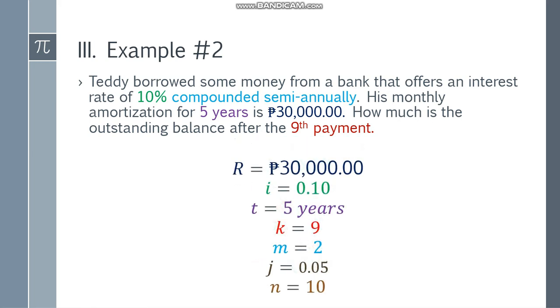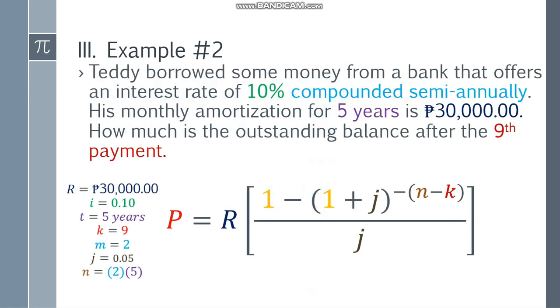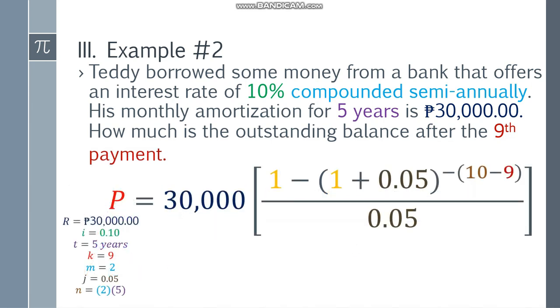Okay. So, dahil okay na tayo, ilagay na natin yung formula. So, R natin ay 30,000 pesos. Ang j natin ay 0.05. n natin ay 10. At ang k natin, that will be 9. So, let's substitute.